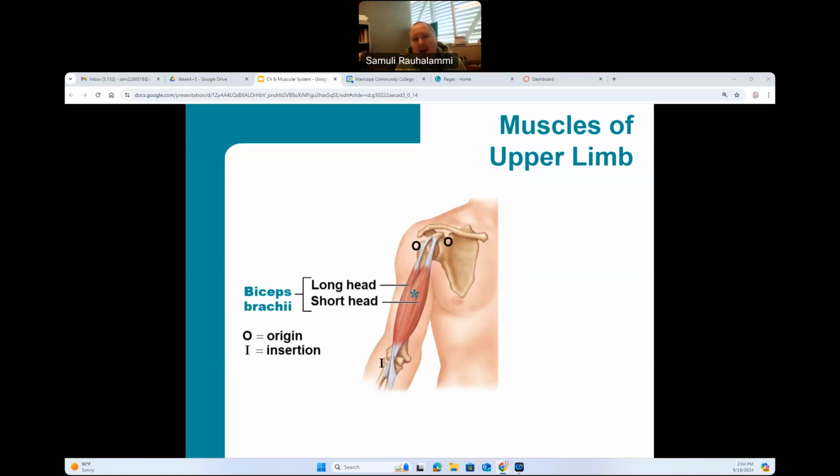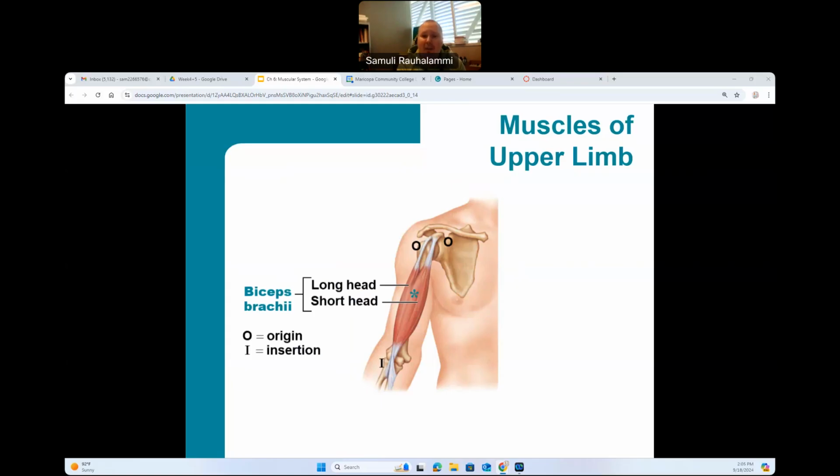Let's highlight here our biceps brachii muscle. So we are going to see two heads for it. And these bony structures where they connect: the long head connects to the glenoid cavity region, whereas the short head connects to the coracoid process of the scapula. And from those, this muscle runs to the radial bone's proximal end.